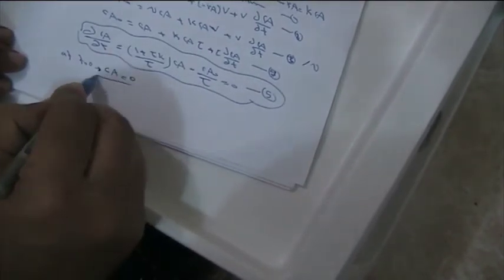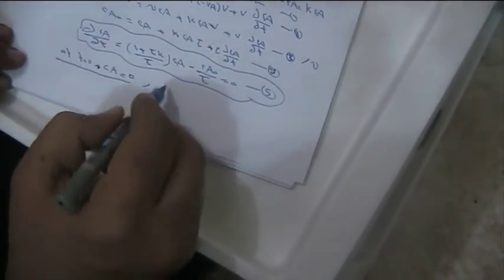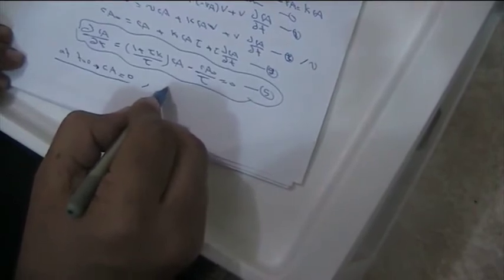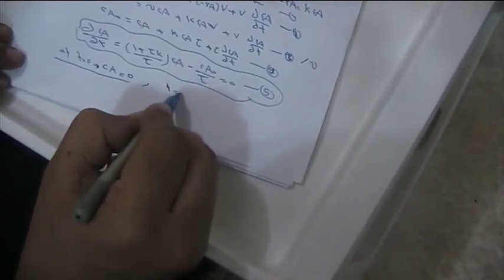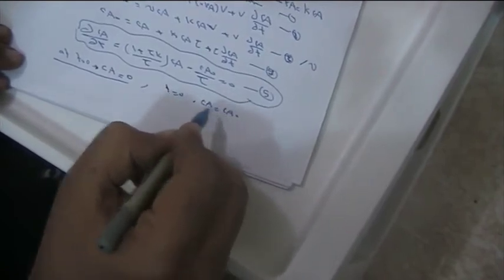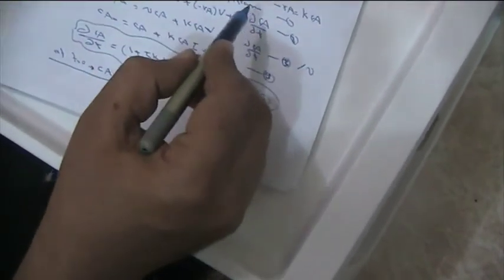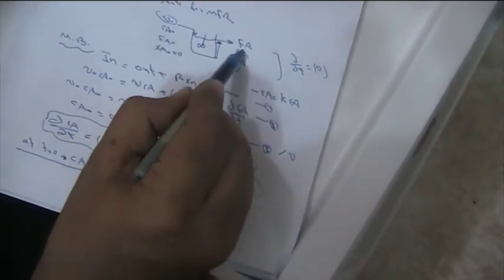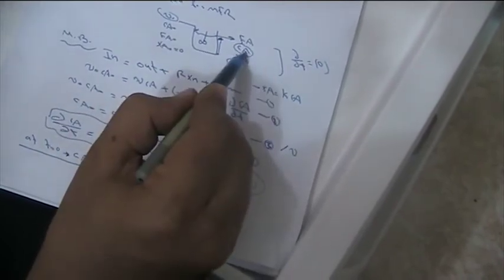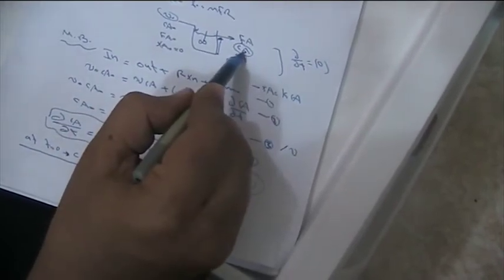Here, as we have T equals 0, we might say that CA equals CA naught, but here we're talking about the exit concentration in this figure, this CA. At time equals 0, there is no concentration here, so it will be 0.